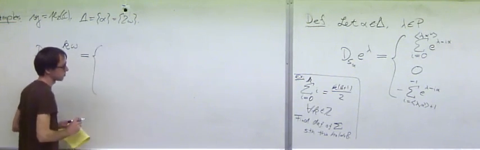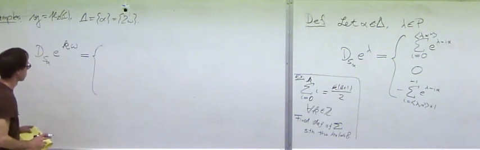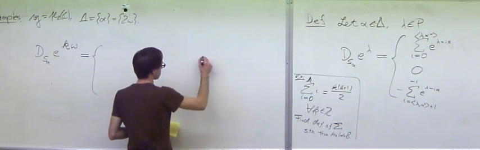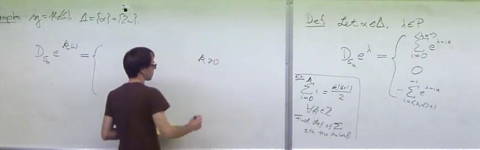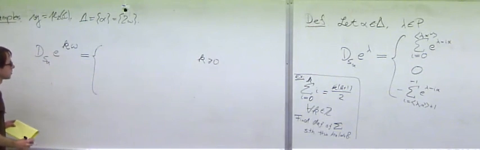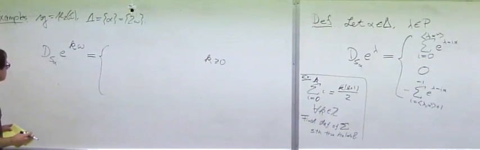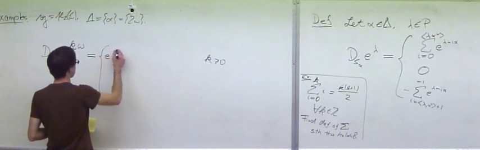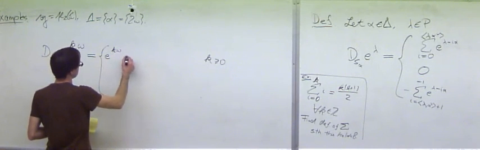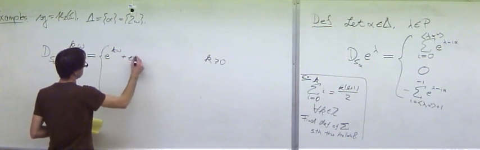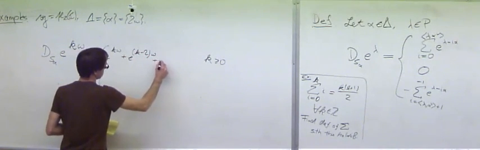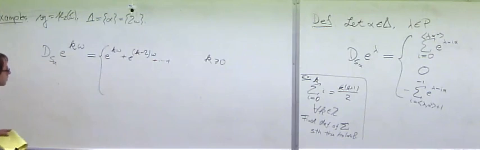Let's be sure and again consider these three cases separately. If k is positive or non-negative, then this is e to the k omega plus e to the k minus 2 omega plus and so on.